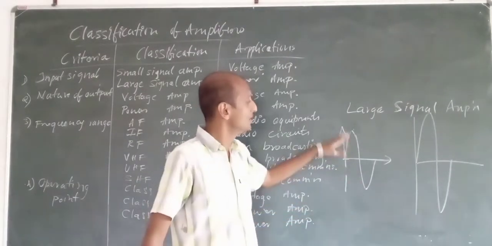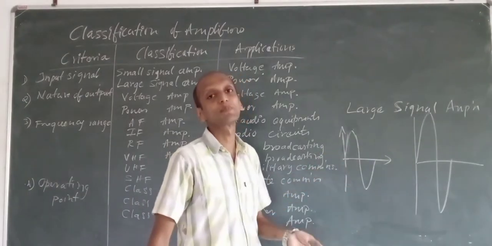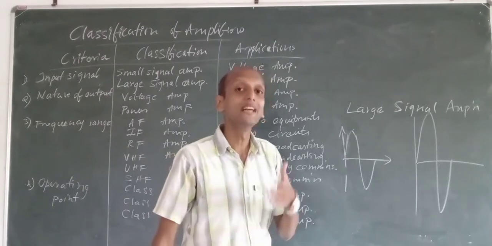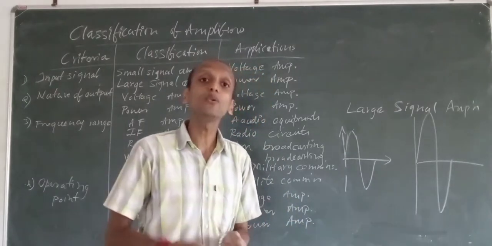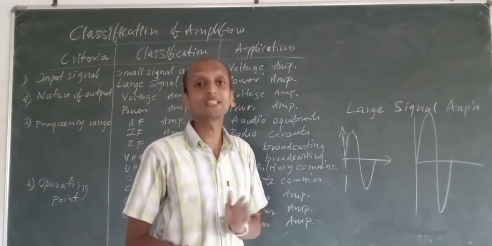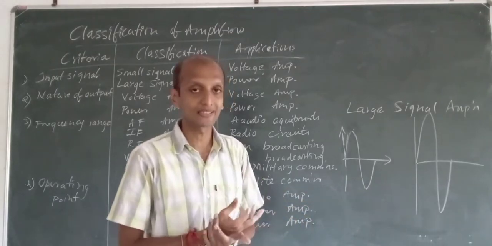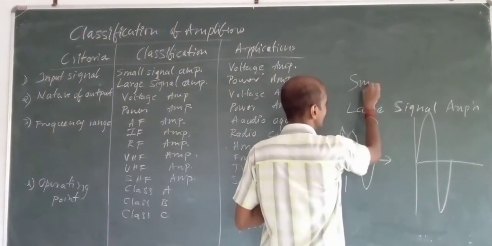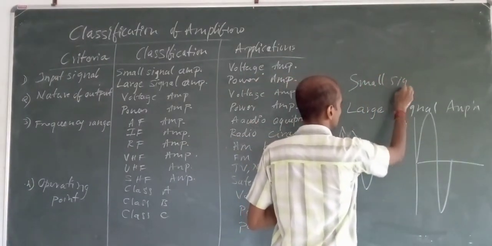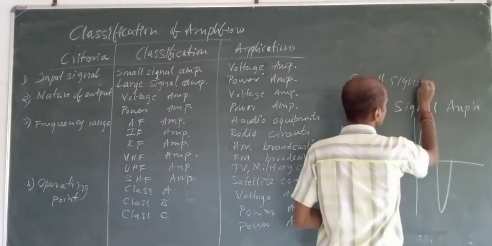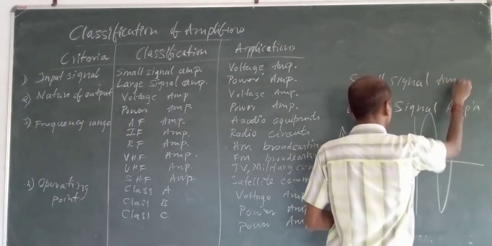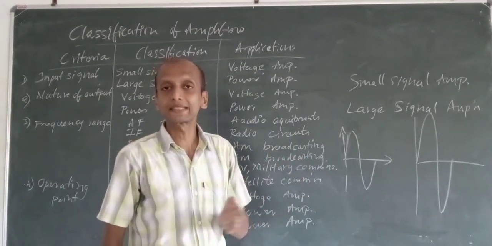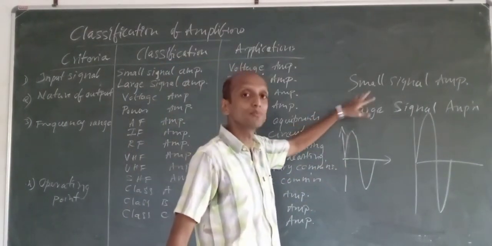So we will call small signal amplifiers and large signal amplifiers two categories. Small signal amplifiers are the amplifiers where we have a small signal at the input, which means a weak signal we are applying at the input. Such amplifiers are called small signal amplifiers.